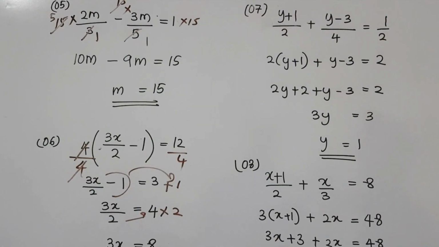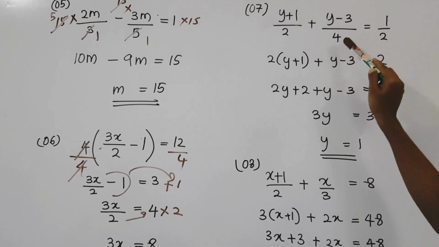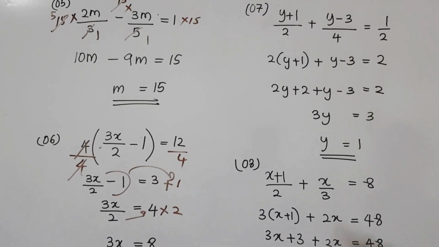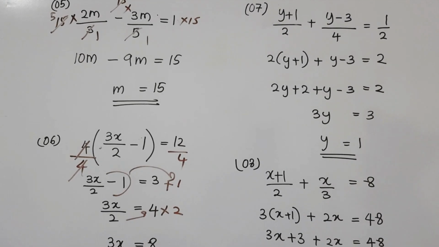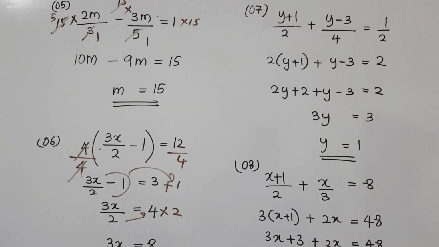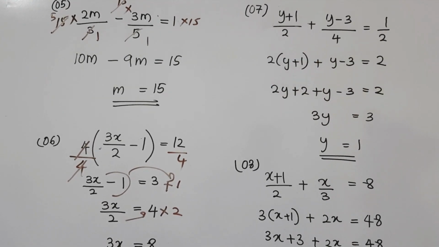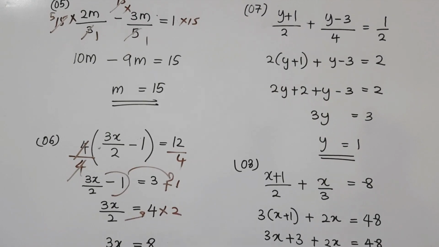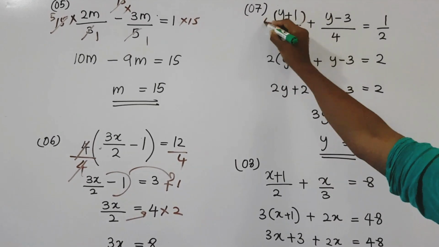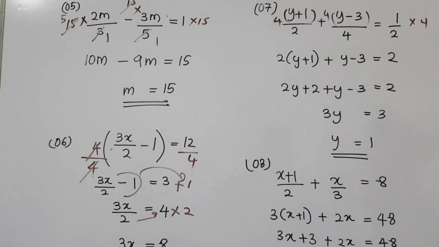Let's see the 7th question. y plus 1 over 2 plus y minus 3 over 4 is equal to half. In that we have expressions as the numerator. So still we have to take the LCM and multiply the whole equation with the LCM. So this you multiply with 4, this also with 4, and this also with 4.